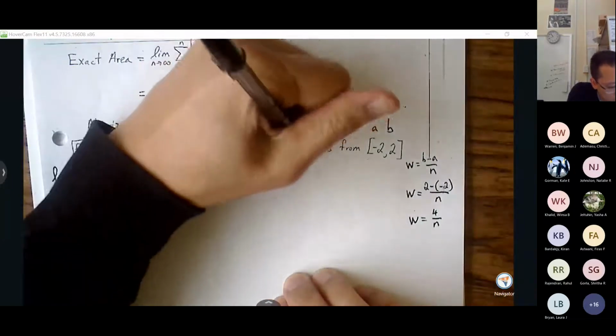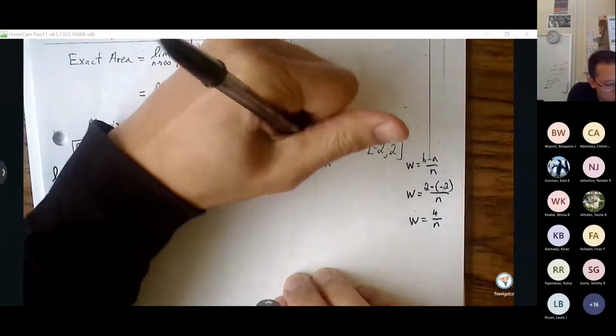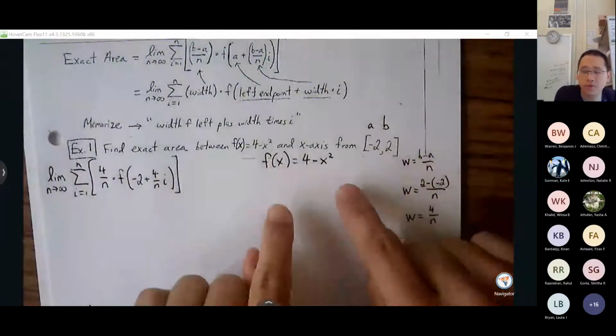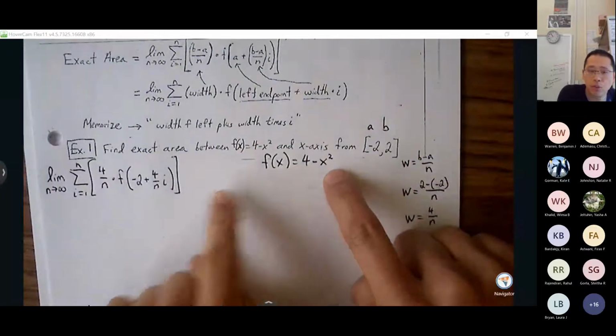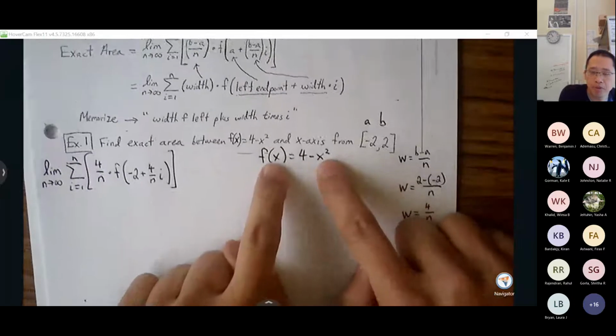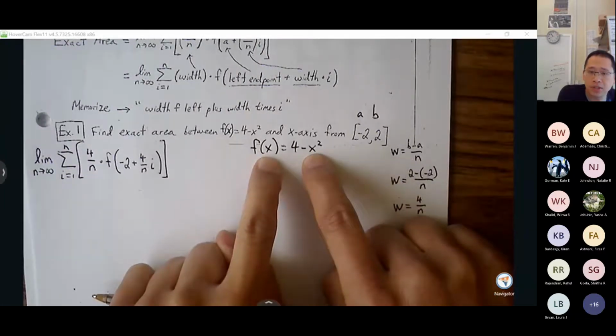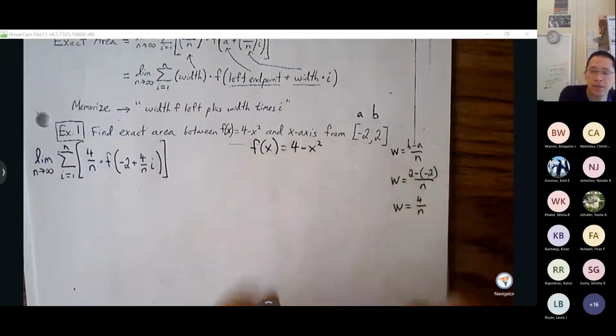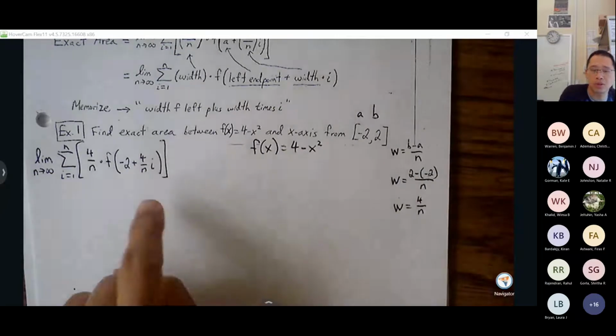The function is 4 minus x squared. We're going to take the time to reserve a space for where this argument is going to go. So if you can rewrite this function and leave a space where the x was, leave a parentheses where the x was, that way you'll know exactly where this argument is going to go.